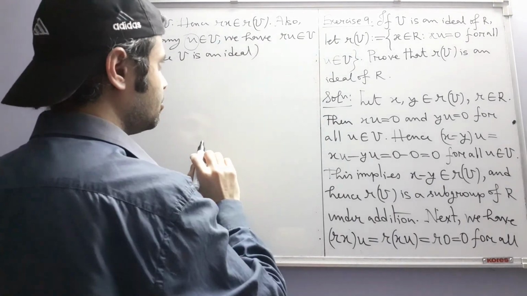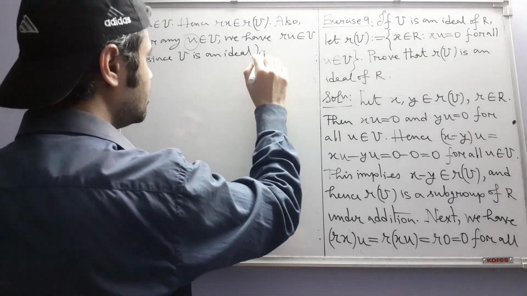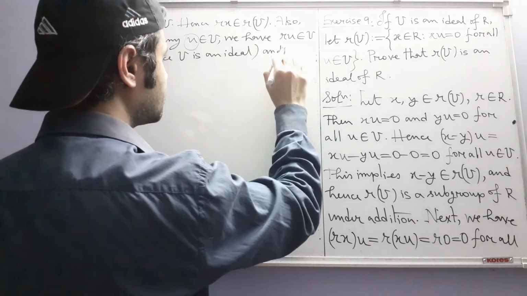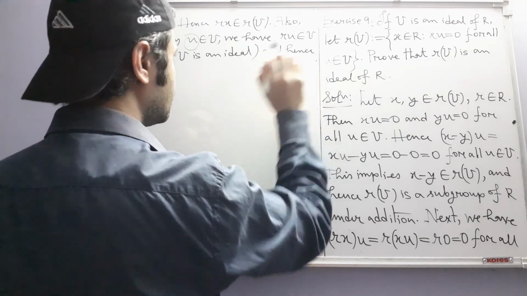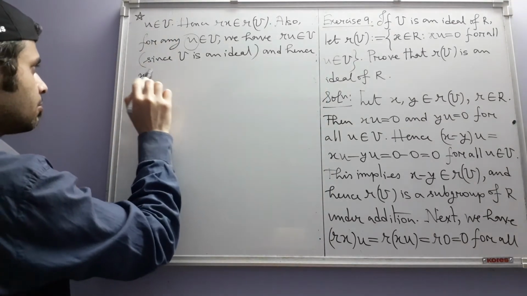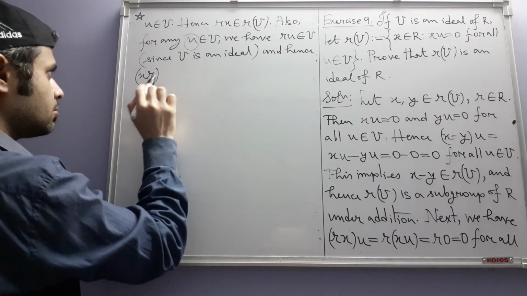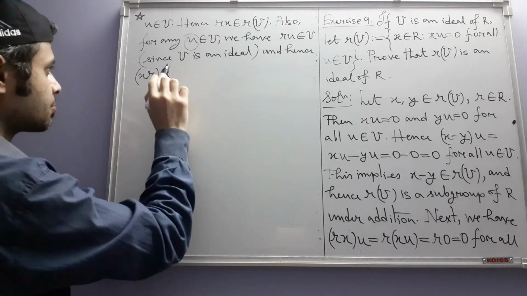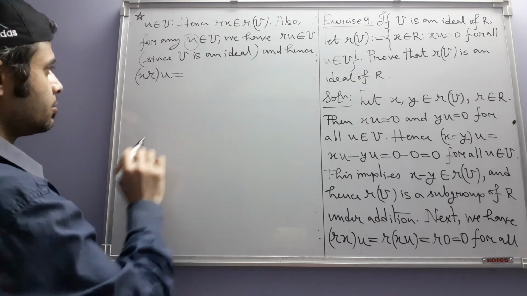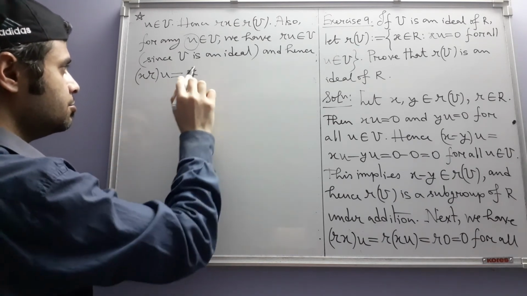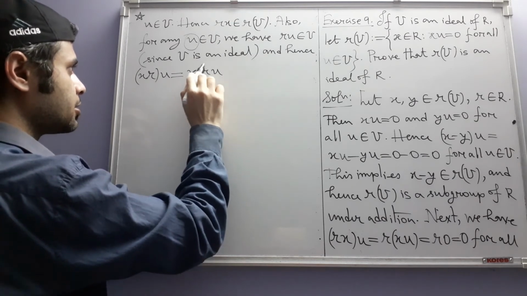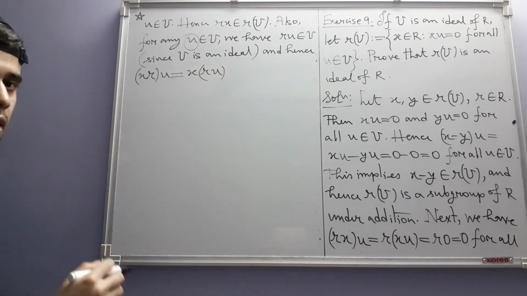Okay, so ru belongs to U, and hence xru, again using associativity of multiplication, I can write it like x(ru).